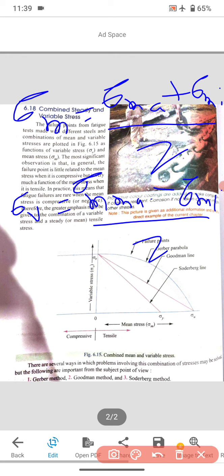These two will come many times in numericals, so please keep in mind that sigma mean, the mean stress, is sigma max plus sigma minimum upon 2, and sigma variable is sigma max minus sigma minimum upon 2.